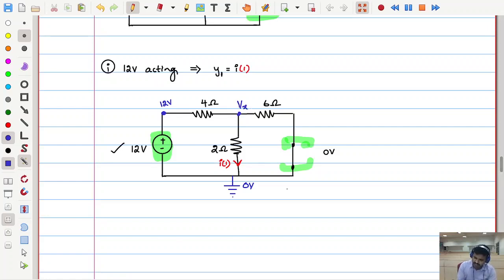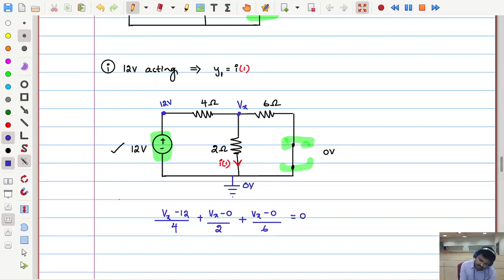Now, let us write Kirchhoff's current law at node x. So what we get: (Vx minus 12) by 4 is this branch current, plus (Vx minus 0) by 2 is the middle branch current, plus (Vx minus 0) by 6 is the right side branch current, is equal to 0.